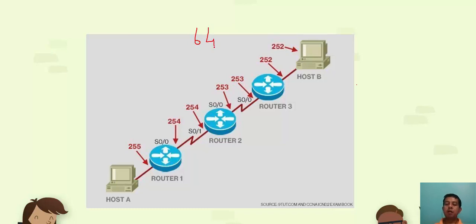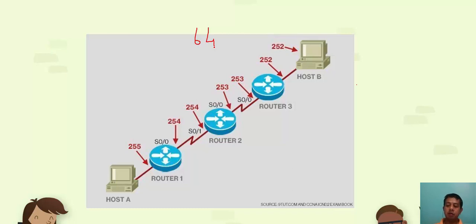So it is an indication that a datagram should arrive at the other end within 64 hops. But in reality, it is expected that a datagram reaches the other end within 30 hops. So a good routing table would ensure that a datagram reaches the other end within 30 hops.